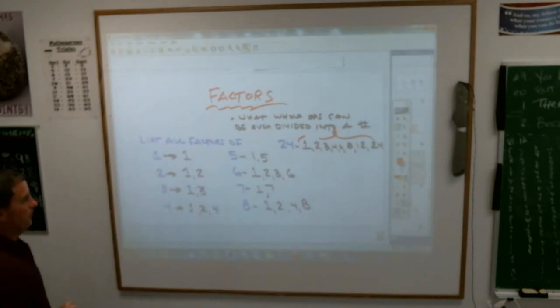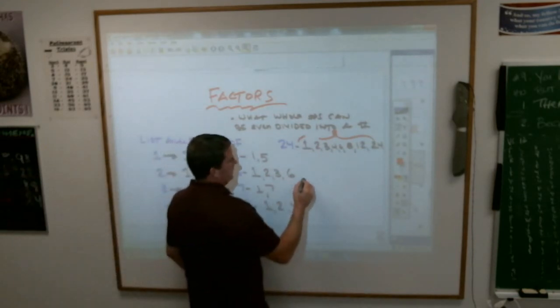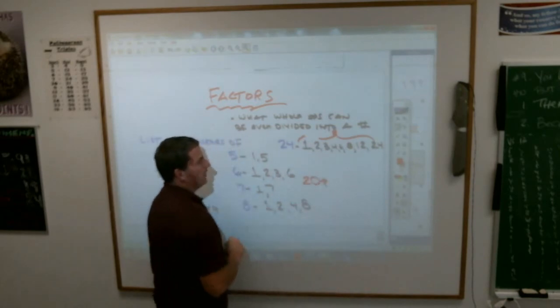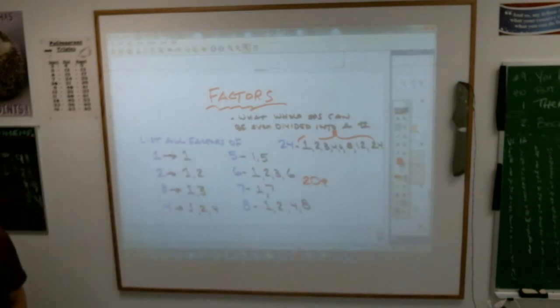How about this one? If I asked you to do this right now on your paper, list all factors of 20. What are the factors of 20? See if you can get them all.